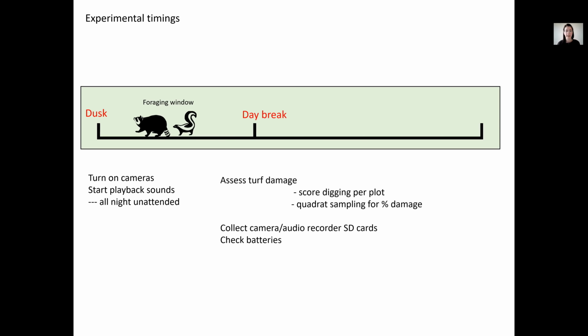Then the next day, we would go back and assess the damage to the turf. We'd score the amount of digging per plot, and we'd use quadrat sampling to assess percent damage in each turf plot. Of course, we'd be checking our cameras and replacing batteries. Then at the following dusk, we would repeat this again. So that's essentially how the experiment will run.